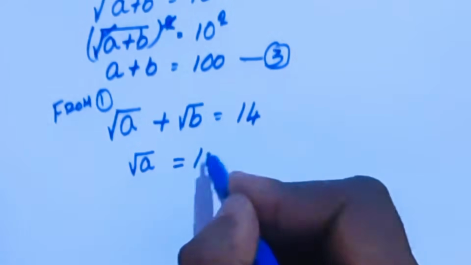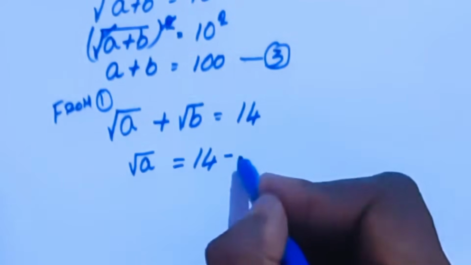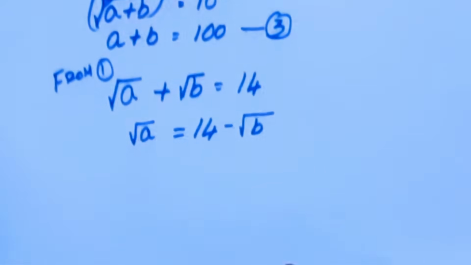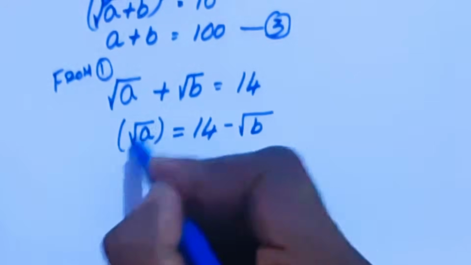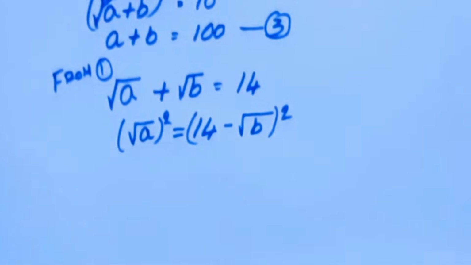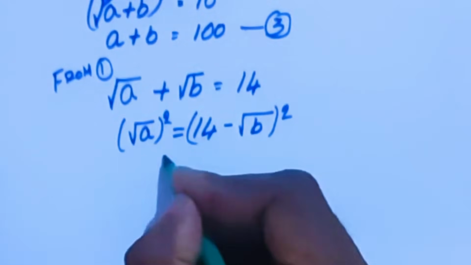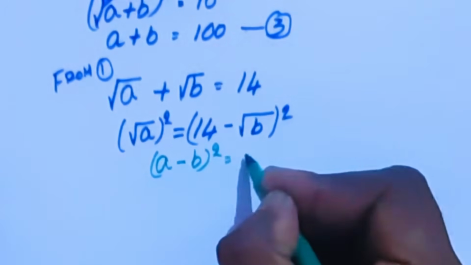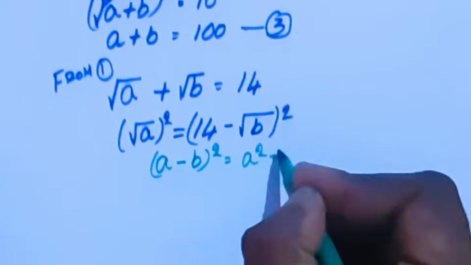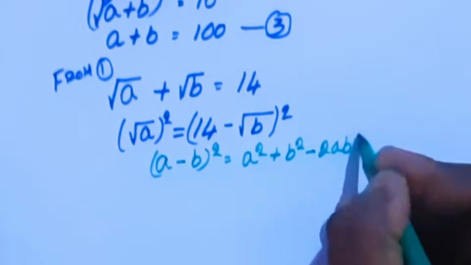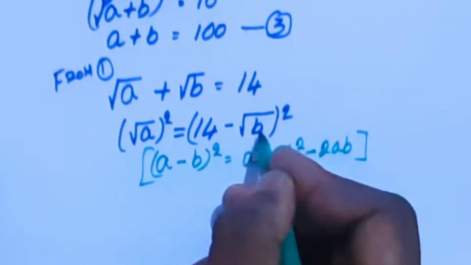So square root of a equal to 14 minus square root of b. Now we are going to take square on both sides. Square here, square here. Now we are going to apply this (a minus b) whole square algebra formula: a square plus b square minus 2ab. This formula we are going to apply here.